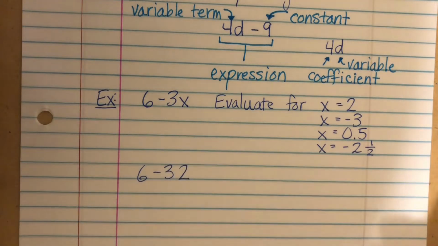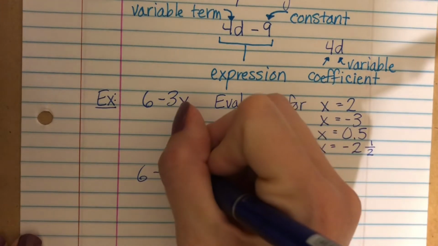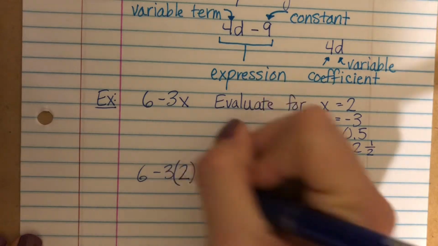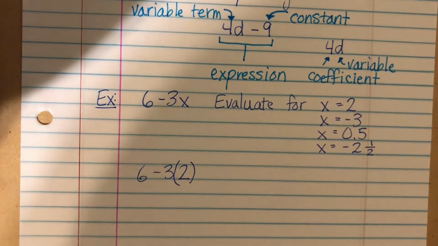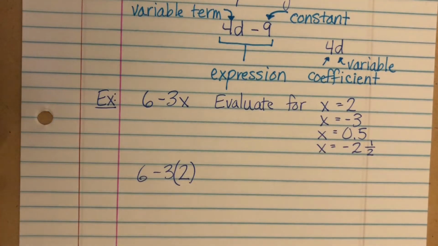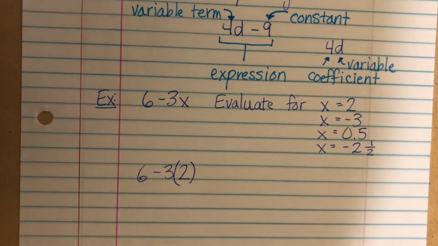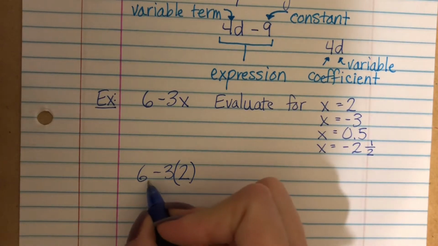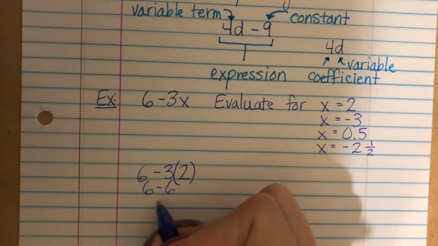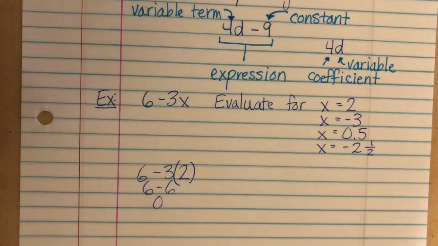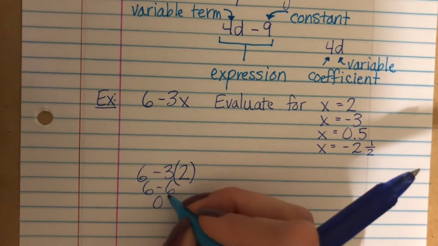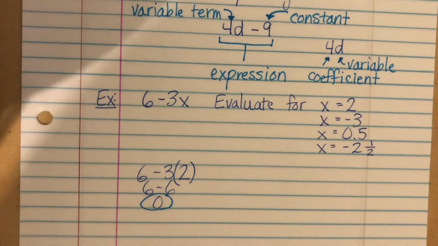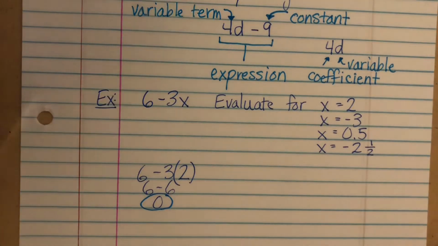This is multiplication here, and we want to preserve that. So we are going to want to put everything in parentheses when we evaluate expressions. Otherwise, it can get pretty sticky pretty quick. And then we just use the order of operations here. All right, so when we substitute, or when we evaluate that expression for 2, we get 0.